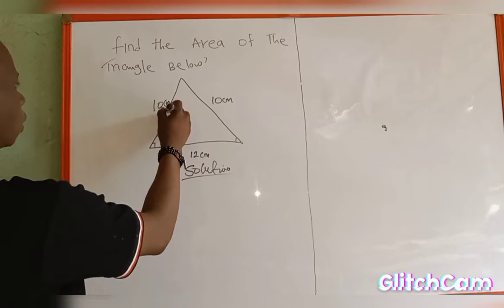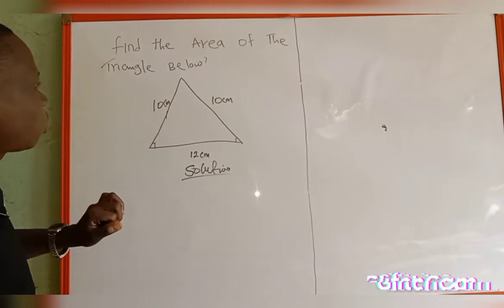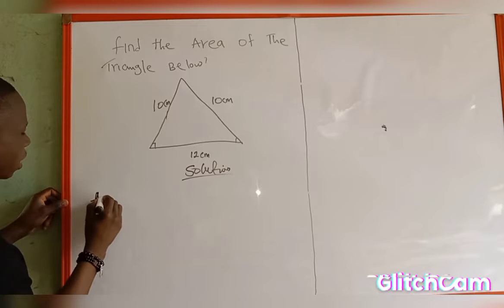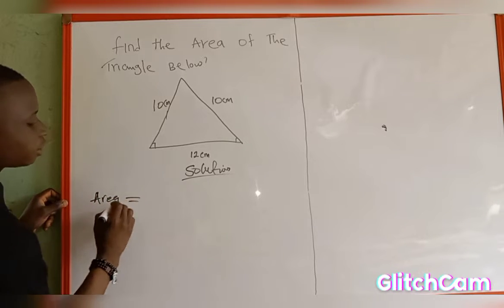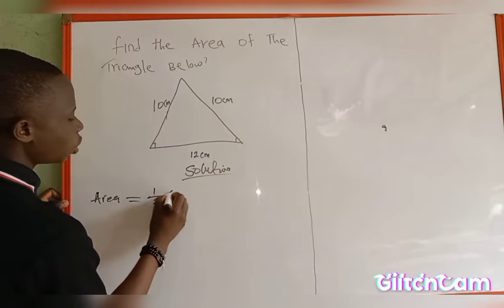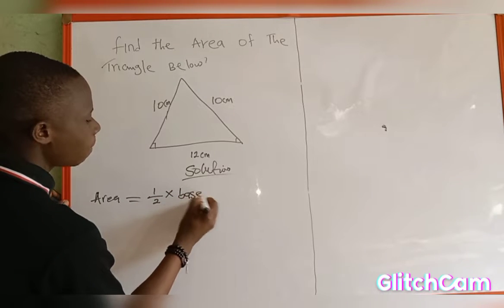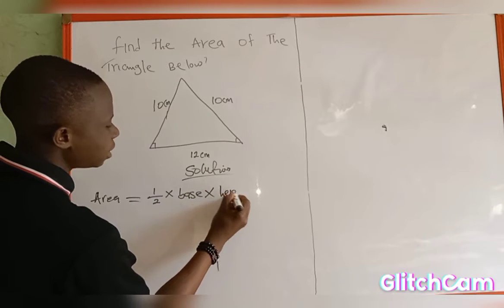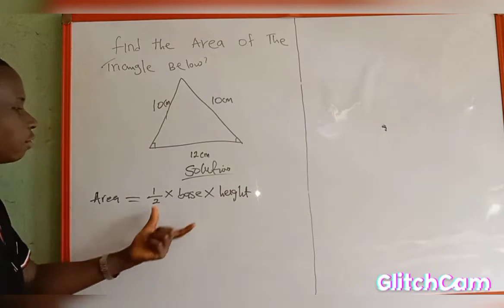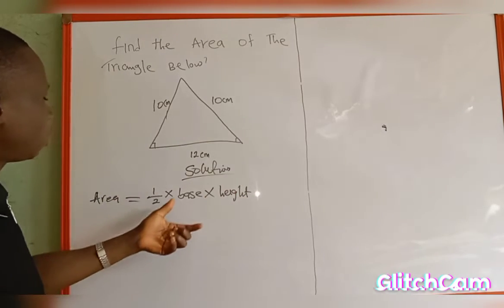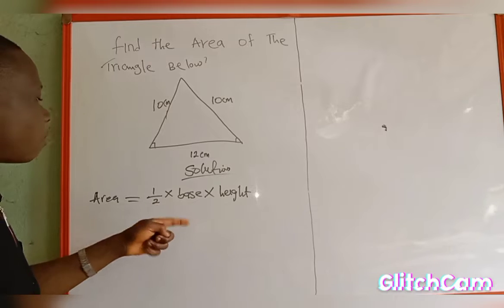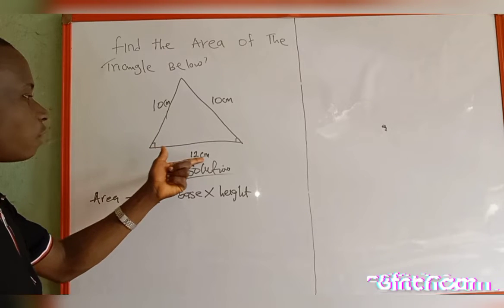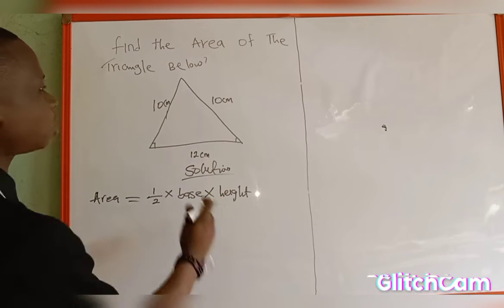So this is an isosceles triangle, and the formula for the area of the triangle is given as half multiplied by the base multiplied by the height of the triangle. If you look at this triangle very well, the half is a constant number, and the base is given as 12 centimeter, but the height is not given.